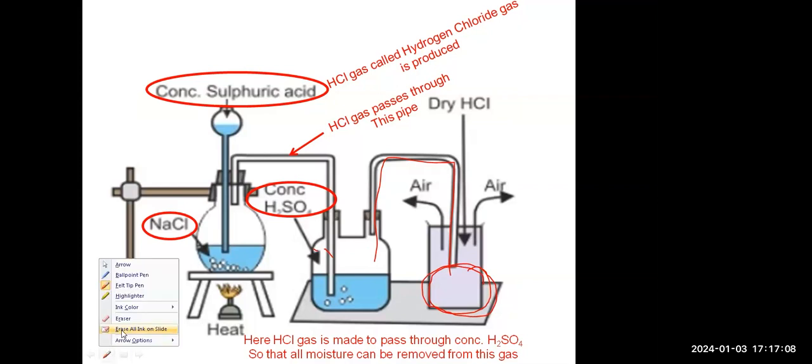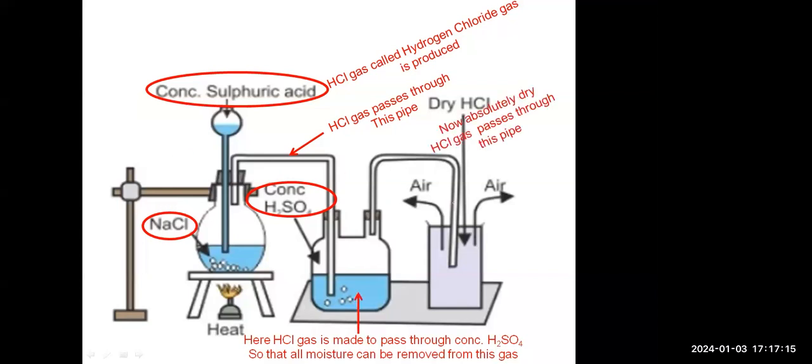So in this reaction overall, hydrogen chloride gas is produced, which is collected in absolute dry form. I want you to take a look at the diagram nicely and read the labels nicely so that you understand what exactly happened. I'm repeating again.